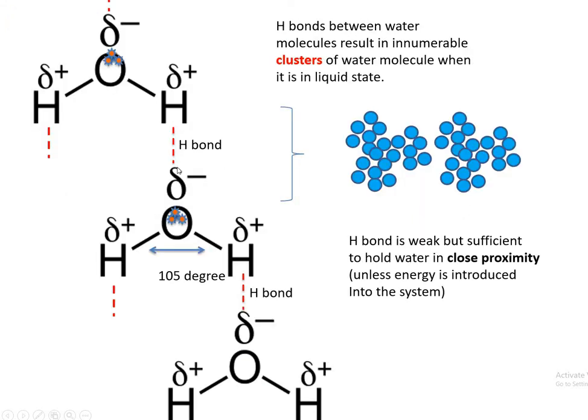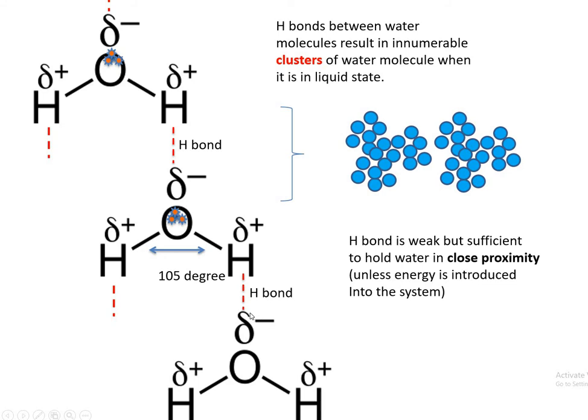So the hydrogen bonds that form between one water molecule and another will result in innumerable clusters of water. Innumerable means a lot, uncountable, too many to count. So when you drink water, you are actually drinking these water clusters, yeah, when it is in the liquid state.